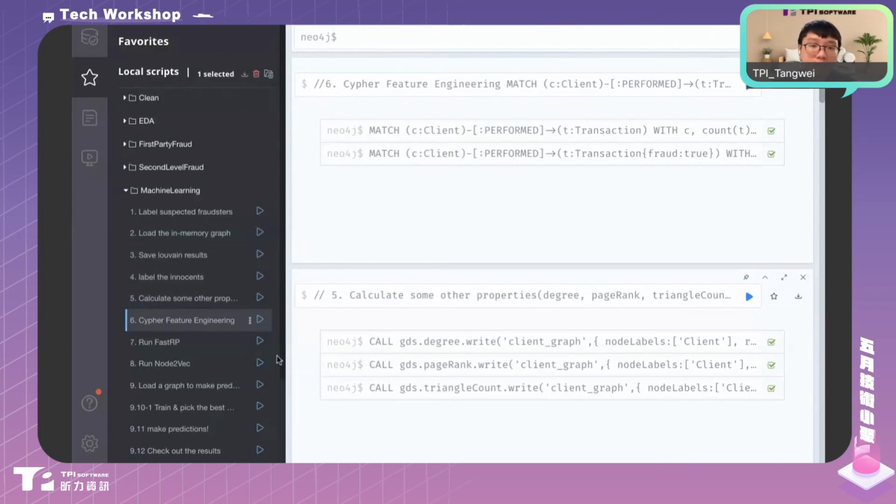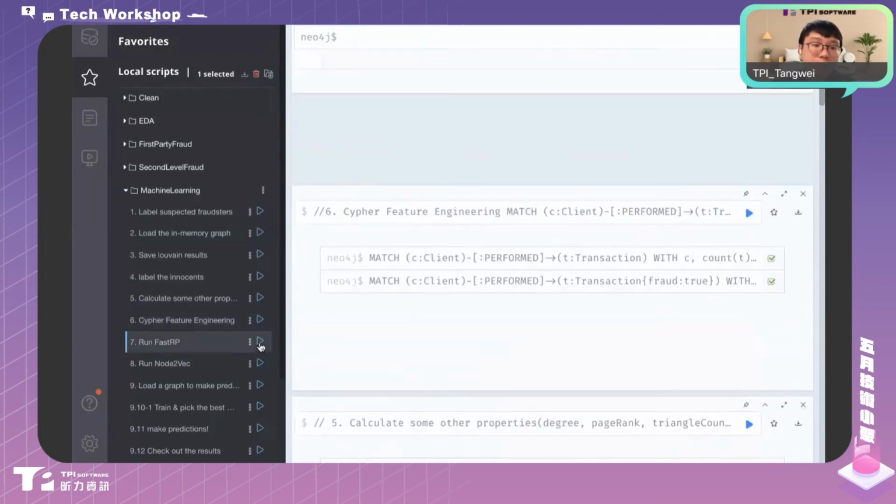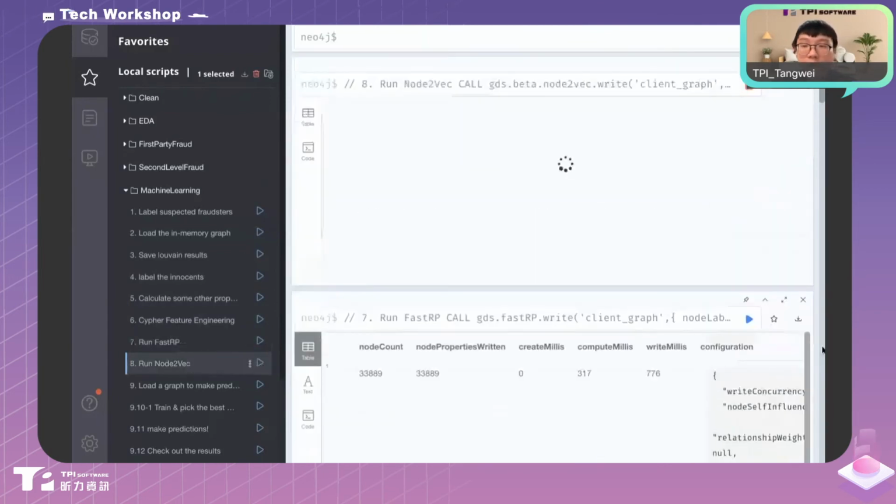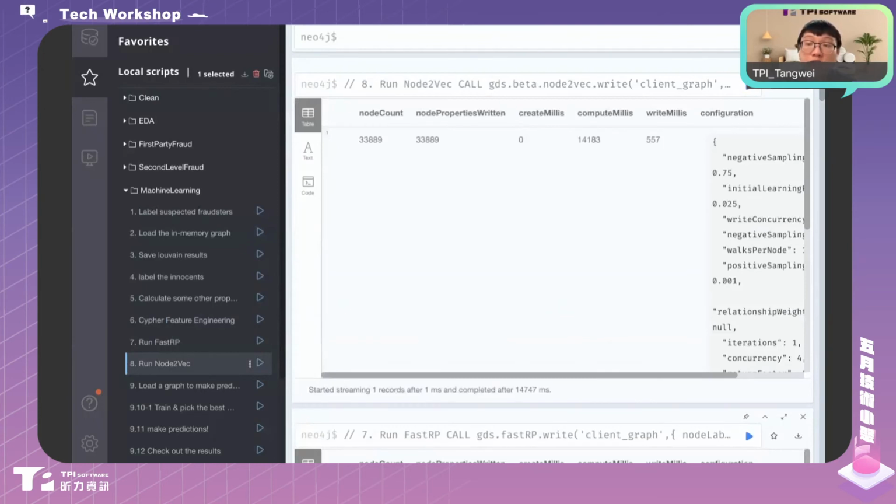Okay, and the next two parts, we will run the FastRP and Node2Vec graph embedding algorithms. So FastRP, fast random projection, is a node embedding algorithm in the family of random projection algorithms, which can project vectors of high dimension into lower dimensions and still preserve pairwise distance among the points.